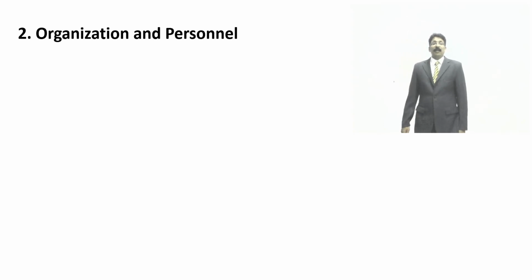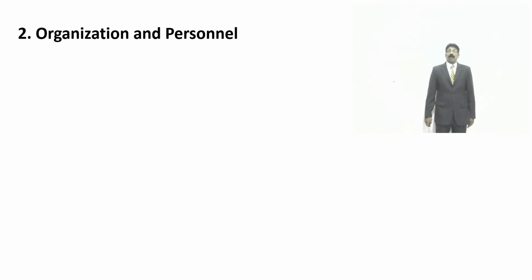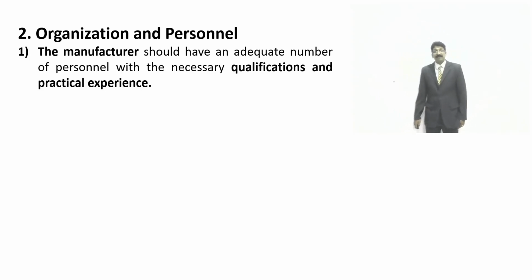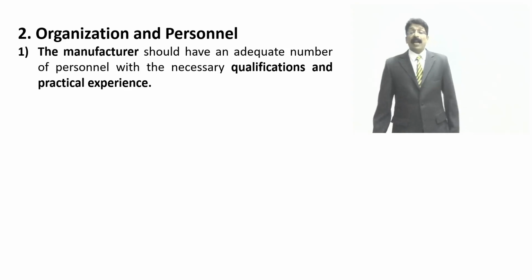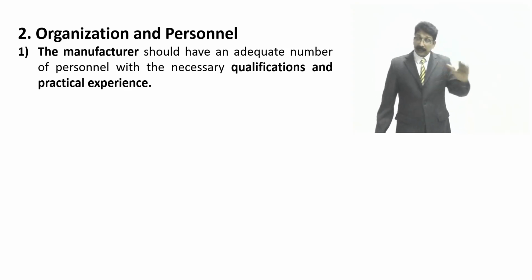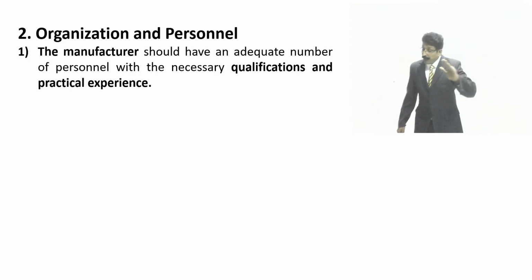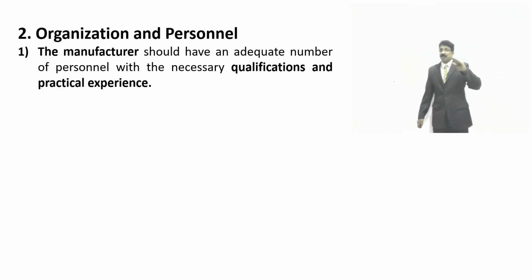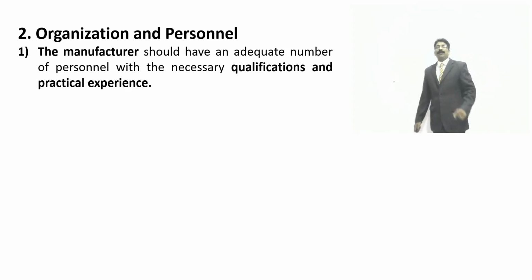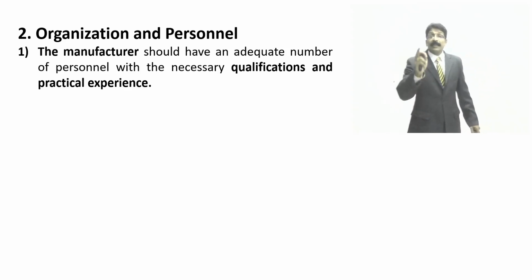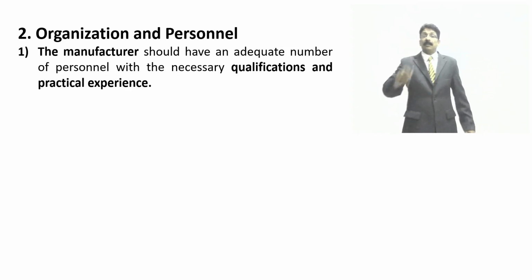And number 2, organization and personnel, regarding the qualification. The manufacturer should have an adequate number of personnel. Adequate number of people, chemists should be appointed with the necessary qualification and practical experience.